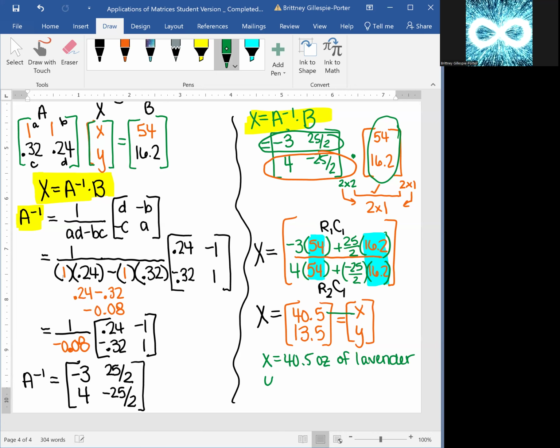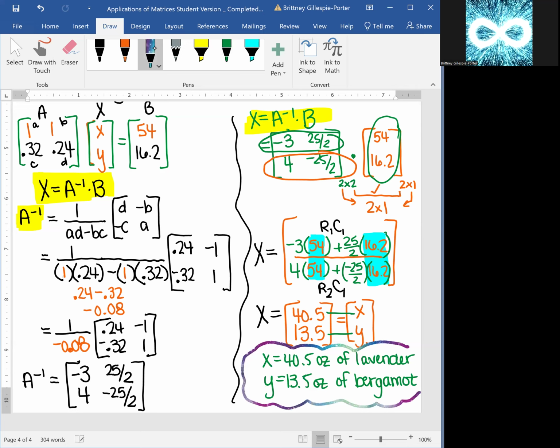And then Y is 13.5 ounces of our bergamot soap. And if we mix those two amounts together, we'll wind up with our 54 ounces of 30% shea butter moisturizers. Take your time, watch your signs, and always make sure you explain your answer.